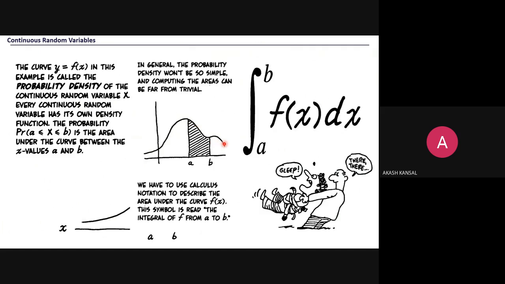So if we somehow had the equation of this function, calculating the area under this curve would be very simple. It would be the integral of f(x) dx, where the limits would be from a to b. So this will be my probability of getting x between a and b. This is an important formula when we are dealing with continuous random variables.